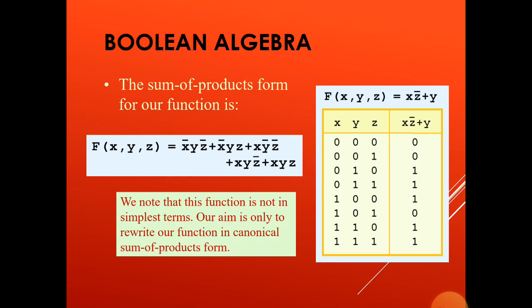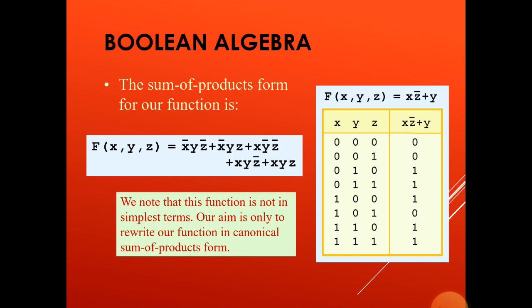As per De Morgan's law, A plus B the whole bar is equal to A bar into B bar, and A into B the whole bar is equal to A bar plus B bar. In Boolean algebra, the sum of products can be written as minterms.